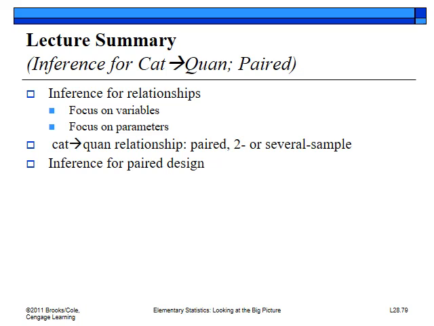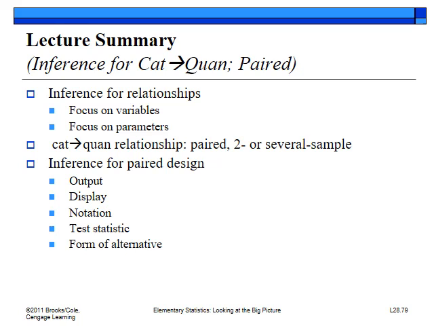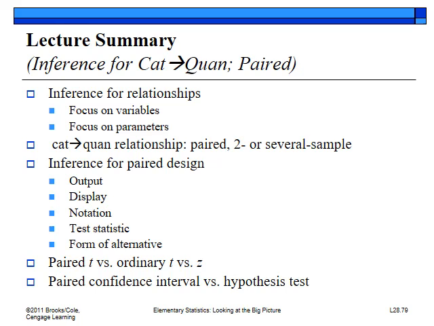For paired design, we looked at the output, the display, the notation, the test statistic, t, and the form of the alternative. Remembering that for paired designs, we're interested in differences. So we perform hypothesis tests using a single t-test. We looked at the paired t versus the ordinary t versus the z, how they were distributed. And we computed a paired confidence interval and a paired hypothesis test.